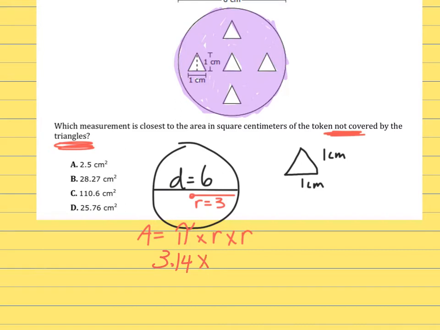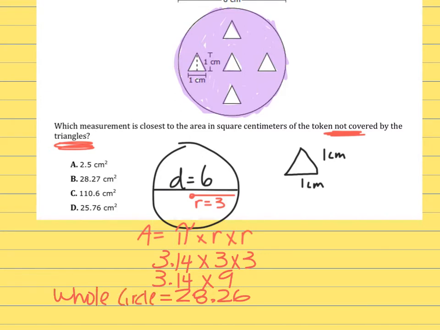And then radius, I'm not using 6 because that was diameter. Radius is 3. I'm going to multiply both of those. 3 times 3 is 9, so I'll fill that in real quick. 3.14 times 9 is actually 28.26. So this would be the whole circle.